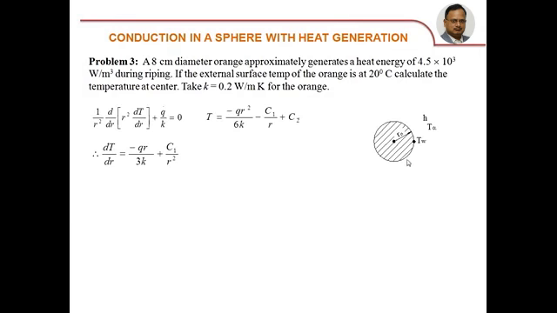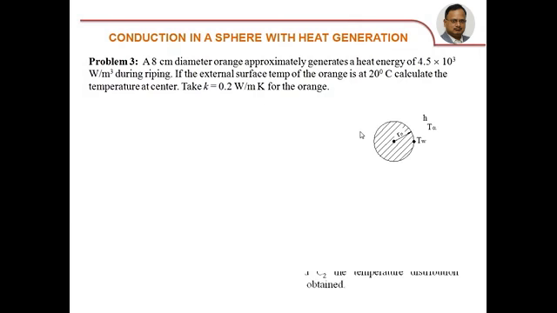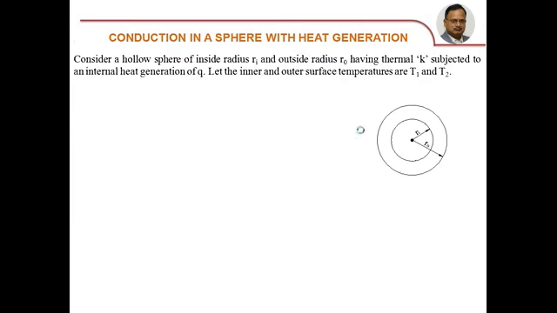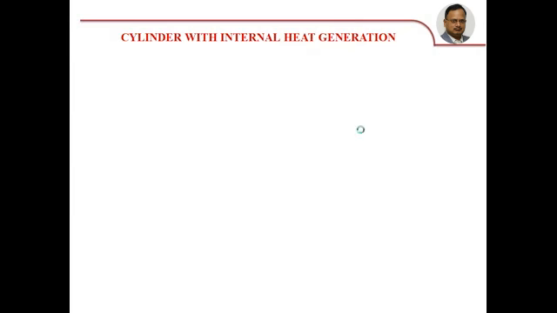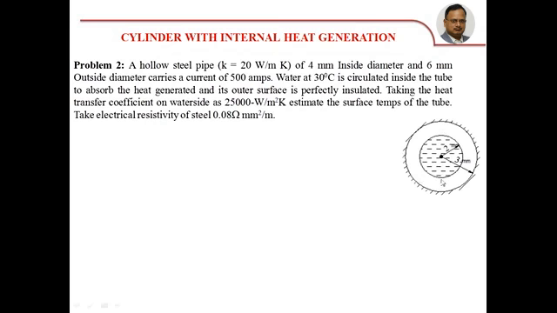Depending upon the given problem, you apply the boundary conditions. By applying the boundary conditions, you can solve for C1 and C2, and then you will get the total temperature distribution equation. And at any point within the body, by substituting that R value, you can determine the temperature.